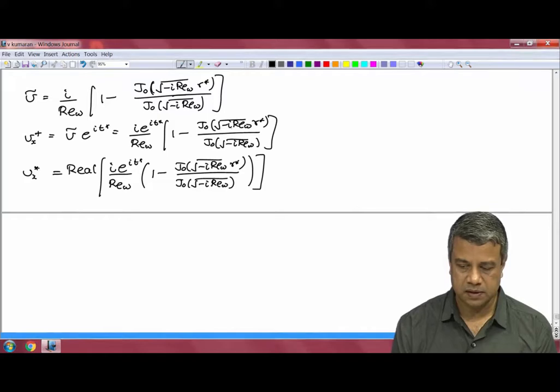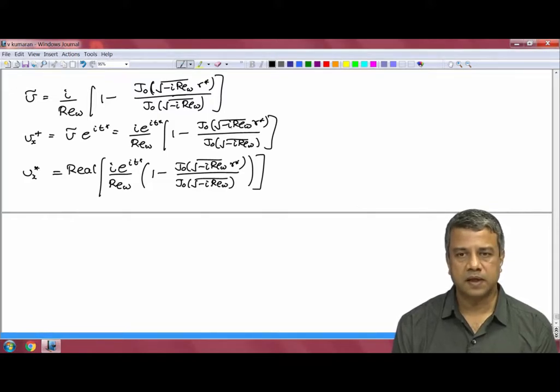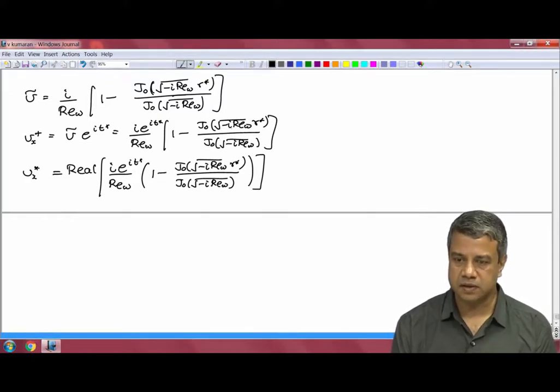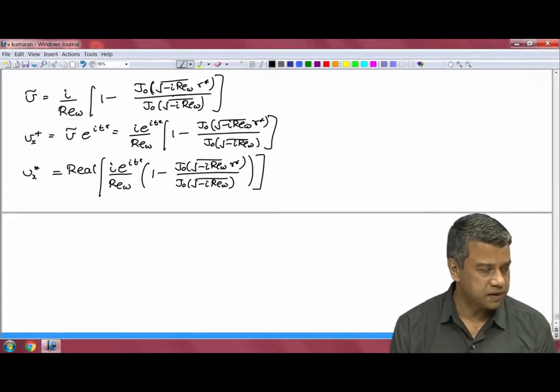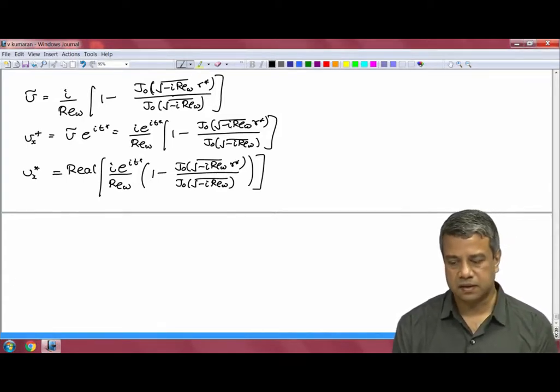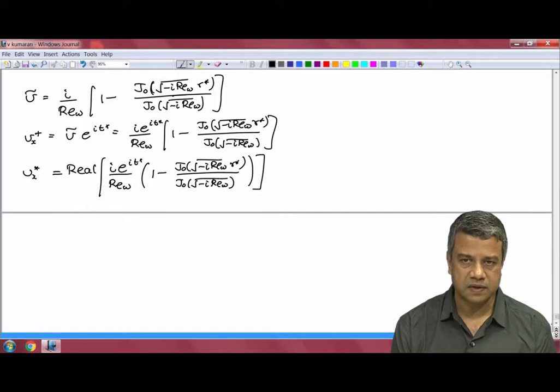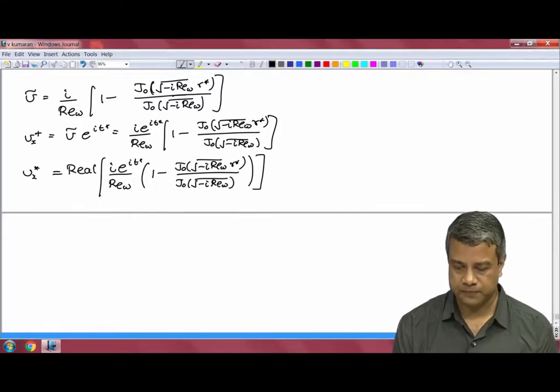But can we get a physical understanding of what is going on? This solution itself does not give us a very good physical understanding of the nature of the velocity profiles in the pipe.